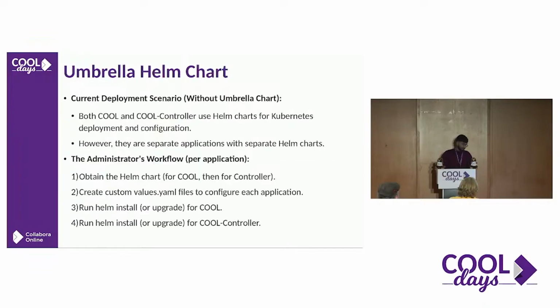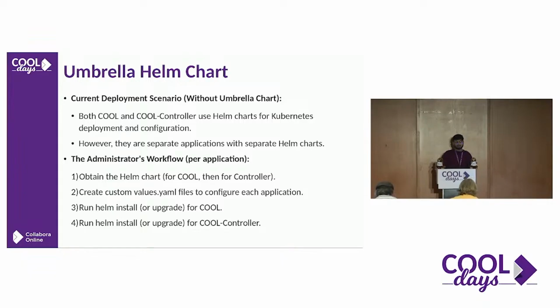The other thing that we did last year was the umbrella Helm chart. I don't know if you are from a Kubernetes background, but Helm charts are a bunch of YAML files. You throw them together, and they create Kubernetes objects to make life easier for sysadmins. Before creating an umbrella Helm chart, we had two different Helm charts, one for cool and the second one for controller.